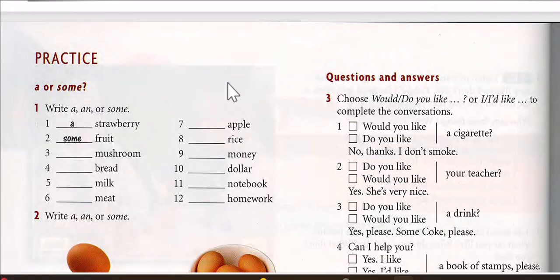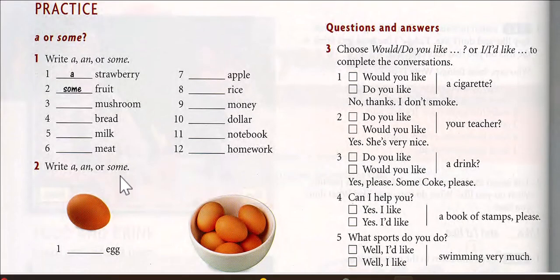And if it is uncountable, we use some. For example, a strawberry, some fruit. Fruit is uncountable. So some fruit and some mushroom, some bread, some milk, some meat, an apple, some rice, some money, a dollar, a notebook, some homework. So these things you have to complete.